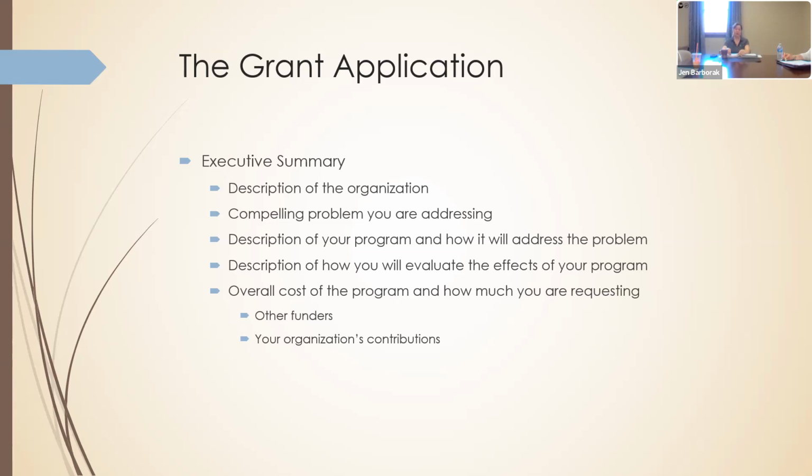If you have partners or other funders, it's very important to have them in your executive summary. And then just briefly touching on how you feel you're going to evaluate your program, or what does the success of the program look like to you? In literally 1 sentence. We're not talking paragraphs here.